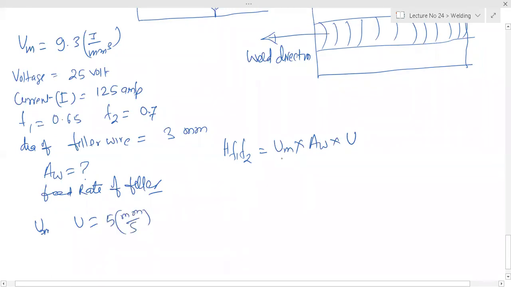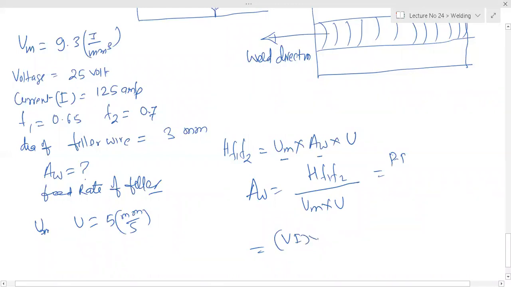So AW is equal to H F1 F2 divided by UM into U, and H you know is power, voltage into current. F1 is given, F2 is given, UM is given, right?